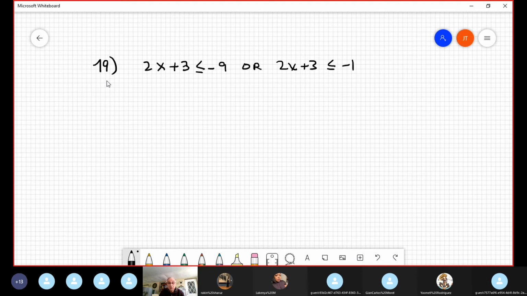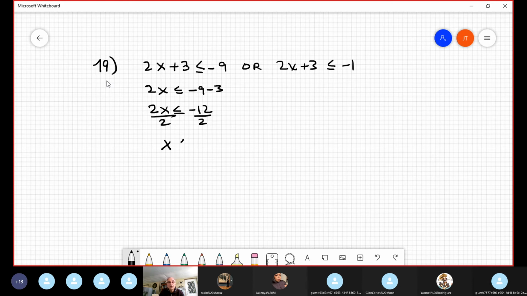Okay, let me try to do my best. I solve both inequalities separately. 2x less than or equal to -9 minus 3. I move 3 to the right-hand side, -3, and then combine like terms, is -12 divided by 2. In this case, you are dividing by a positive number.